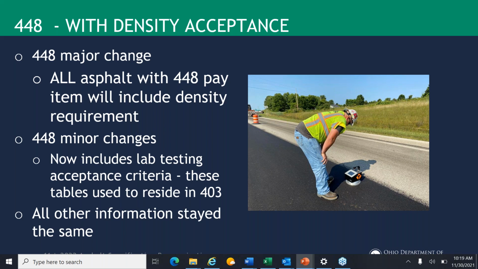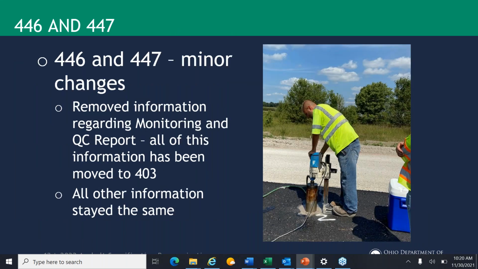If you have 448 specified as a pay item, the density requirement is part of the spec. Just a couple other minor changes. The lab testing acceptance tables that were in 403 have been moved to 448. All other information stayed the same.